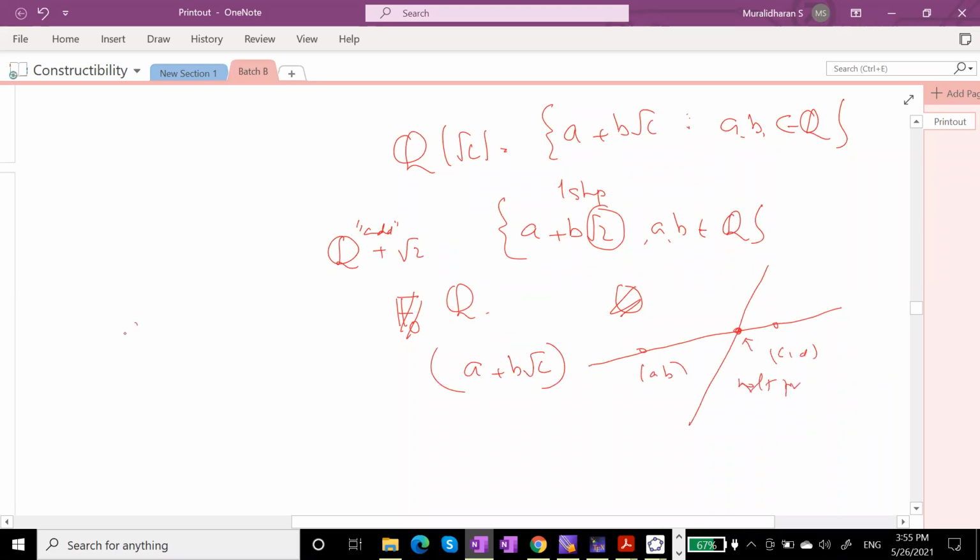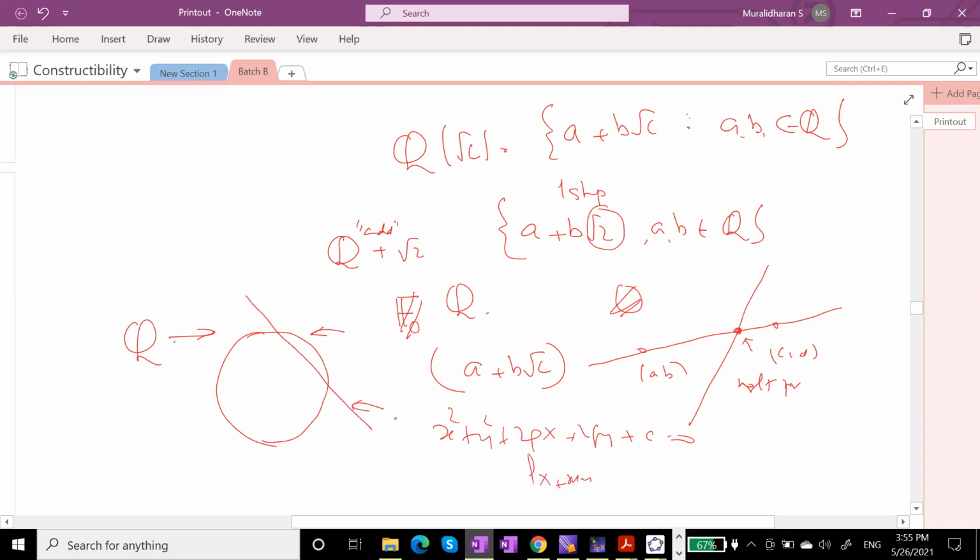So if I have to extend this Q to more constructible points, I have to always use a circle. A circle with a line, we already saw that this circle has rational coefficients. That is, it's of the form x square plus y square plus 2gx plus 2fy plus c is equal to 0. This line also has rational coefficients, lx plus my plus n is equal to 0.